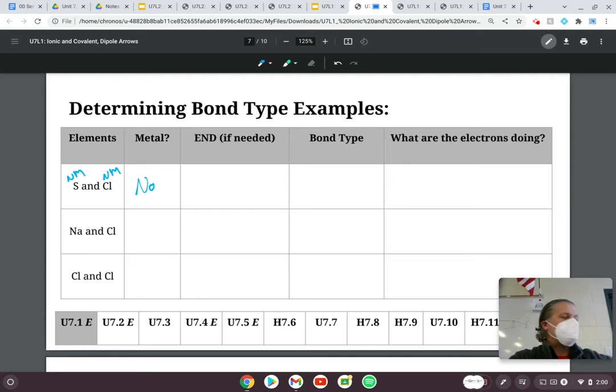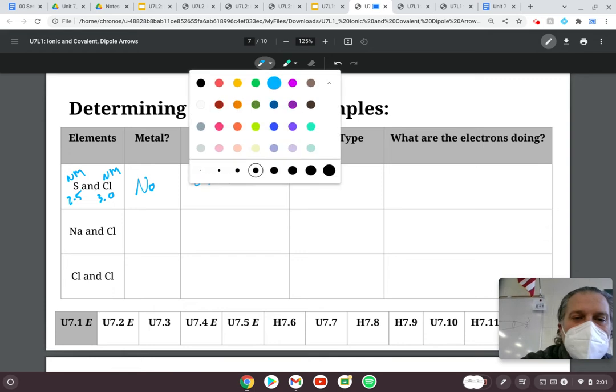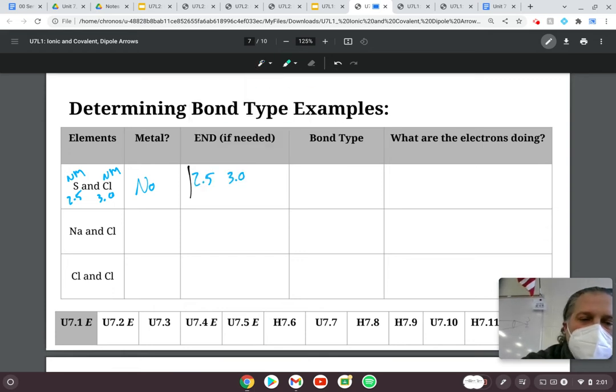Now, according to the periodic table, sulfur has an electronegativity value equal to 2.5, and chlorine has an electronegativity value equal to 3.0. So when I calculate the electronegativity difference, I take 2.5 minus 3.0 and put them in absolute value bars.